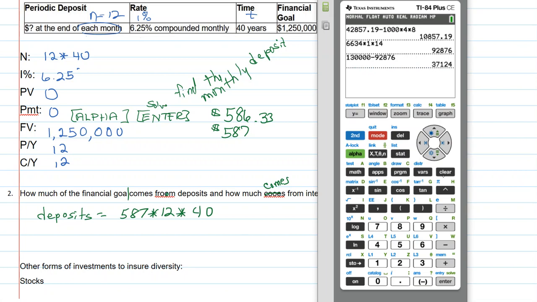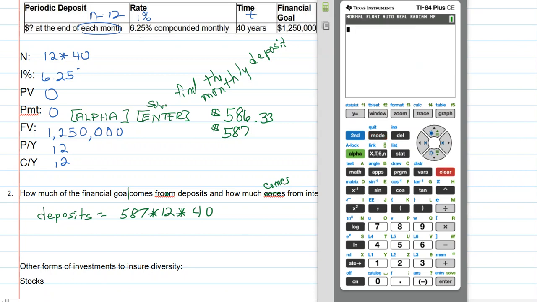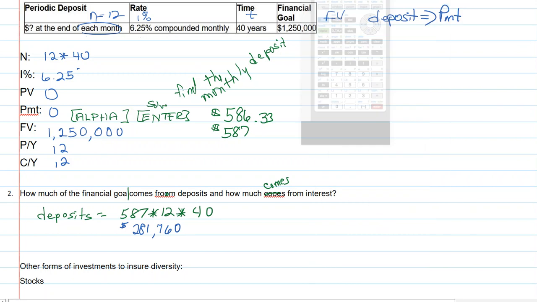We need the home screen. 587 times 40 times 12. Multiplication is commutative. Multiply the digits any way you want. 281,760. That's what it looks like. Deposit. 587 times 12 times 40. Yep. All right. So now we want interest.